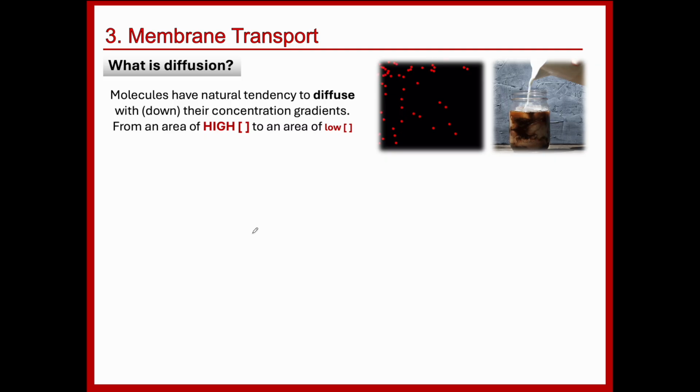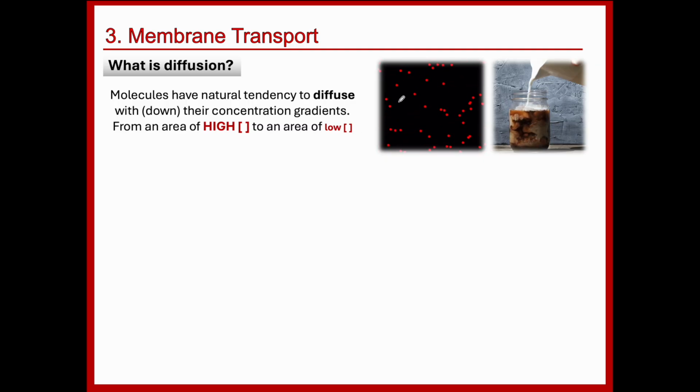So now I need to tell you what diffusion is, because now we have the proper vocabulary. I talked about gradients, right? A difference in concentration somewhere. Well, diffusion is the fact that molecules have a natural tendency to diffuse with or down their concentration gradients, okay? Molecules naturally want to go from an area of high concentration to an area of low concentration.